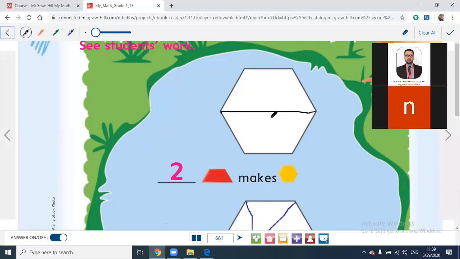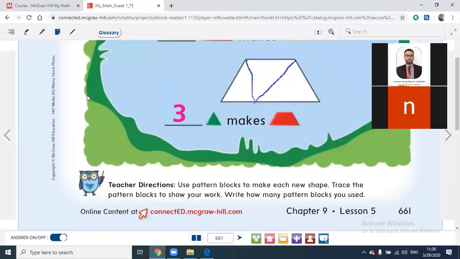I have two. Also, the second one, I have this large trapezoid. How many triangles do we need to form this one? If we make it like this, we have three triangles, or otherwise we can say two, if we make a diagonal, a big line inside the shape.